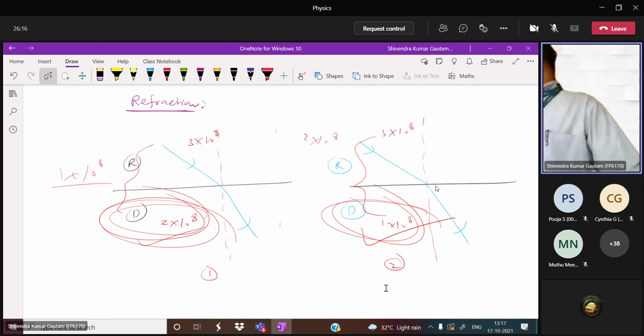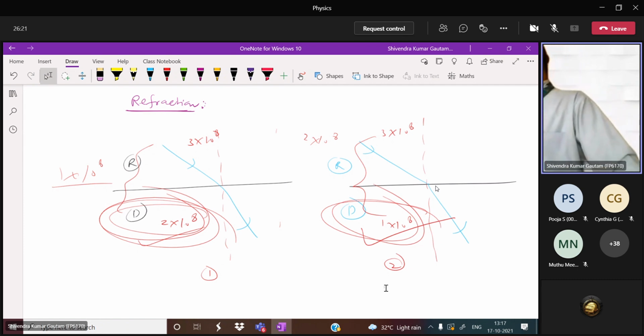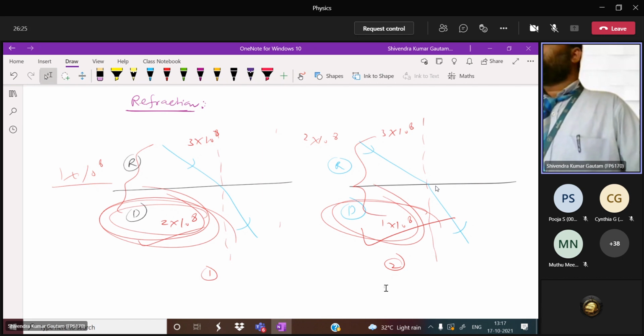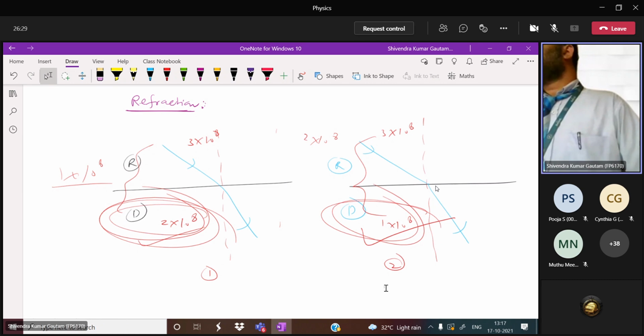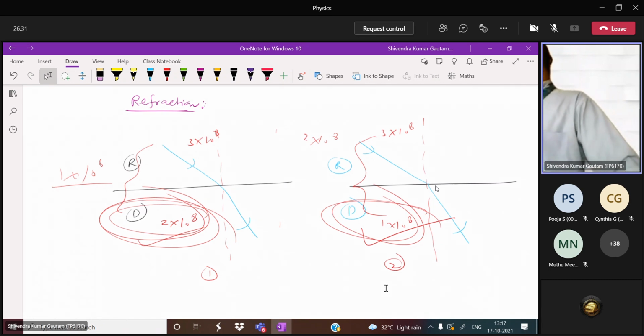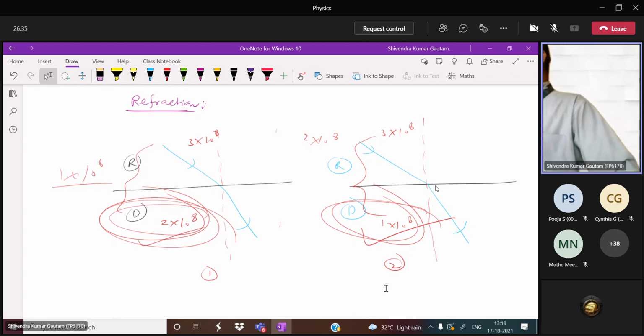And the medium in which the speed of light is less is called denser medium. Clear?